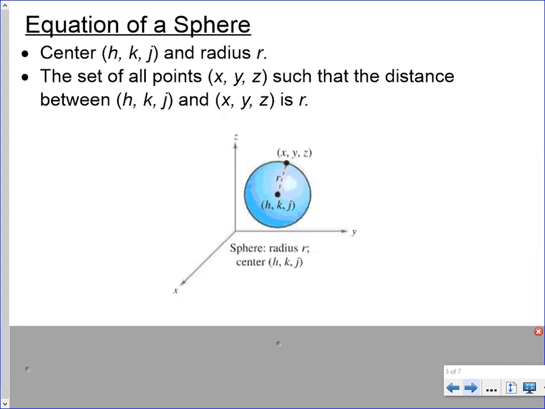This is an image from your textbook, section 11.1, where you can see this same picture. You can see the center of the sphere. Imagine a little toy ball that you used to play with. Inside is the center h, k, j, and in order for it to be perfectly round, the distance to all the points on the surface of the ball would have to be the same, that r value, the radius.